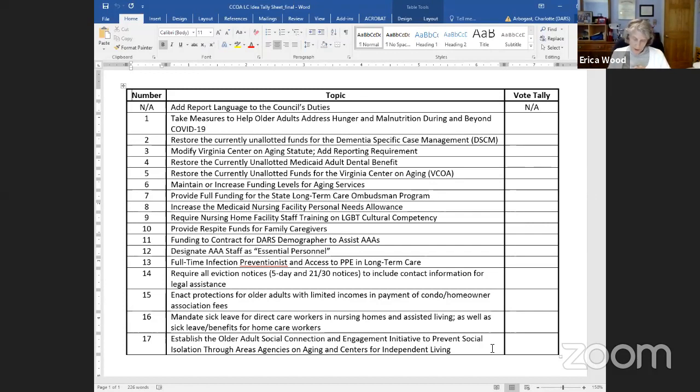That's in contrast, as Carter knows, to the Alzheimer's Disease and Related Disorders Commission that does this, where the statutory duties do include that language, allowing the report to be sent to the General Assembly. So the council's duties, as you know, include a mandate to advise the governor and the General Assembly on aging issues and aging policy.